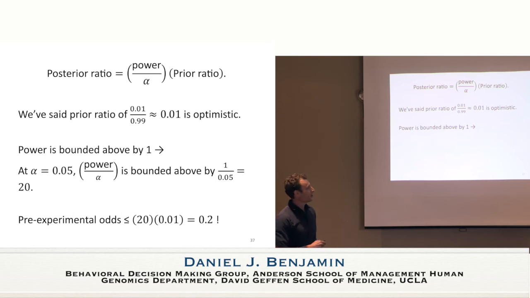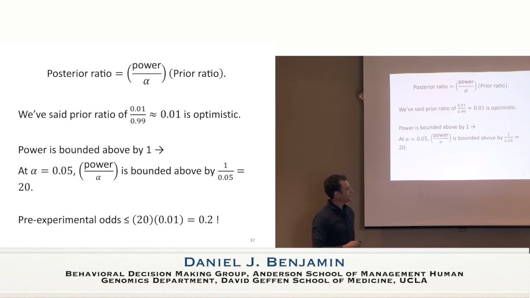So even with our large sample, we can't do better than a power of 1, which means that at a significance threshold of 0.05, this rejection ratio is bounded above by 20. So at best, what we're going to learn by statistical significance is 20-to-1 evidence in favor of there being an effect. And in a world of low priors, like 0.01, 20-to-1 evidence just doesn't get you very far.